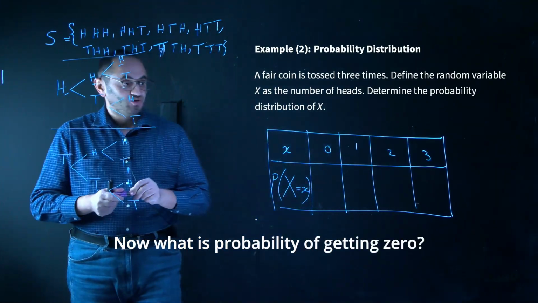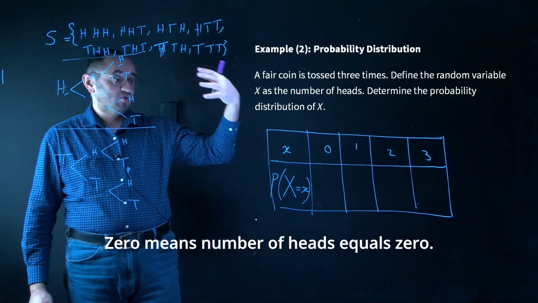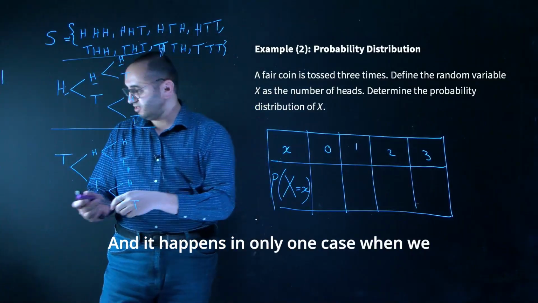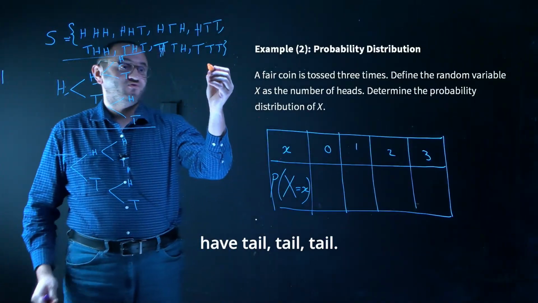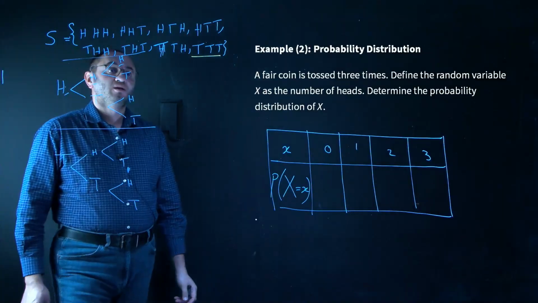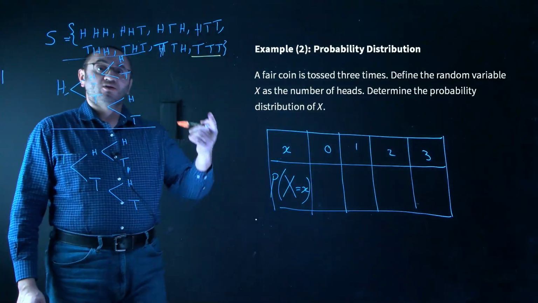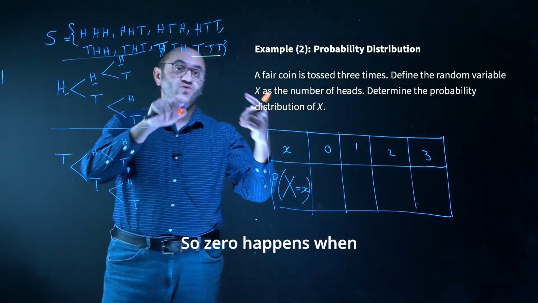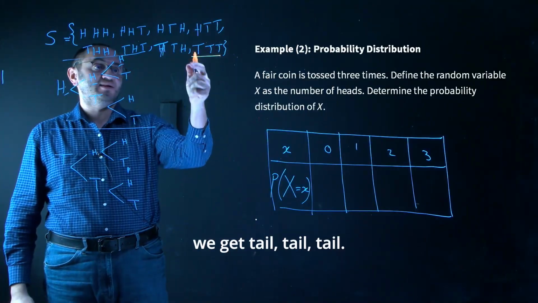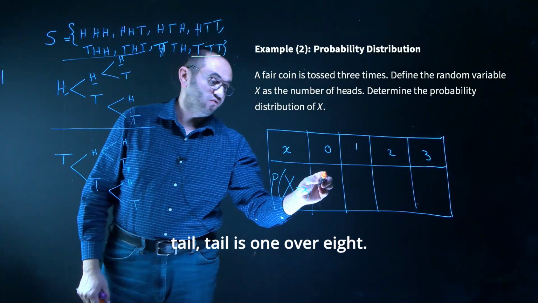What is the probability of getting 0? Zero means the number of heads equals 0, and it happens in only one case, when we have tail, tail, tail. So the probability of tail, tail, tail is 1 over 8.